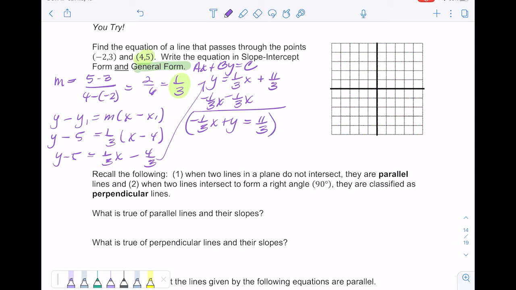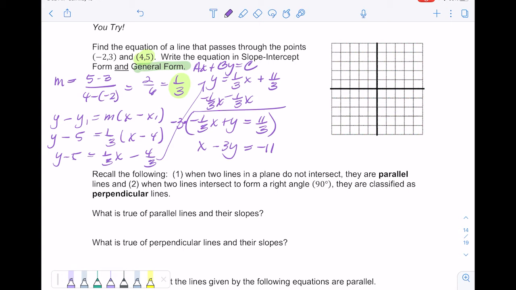That's going to cancel the negative, and it's also going to cancel out the 3. -3 times -1 is 3, and 3/3 is 1x. -3 times y is -3y. And -3 times 11 is -33, divided by 3 is -11. And then that is in general form.